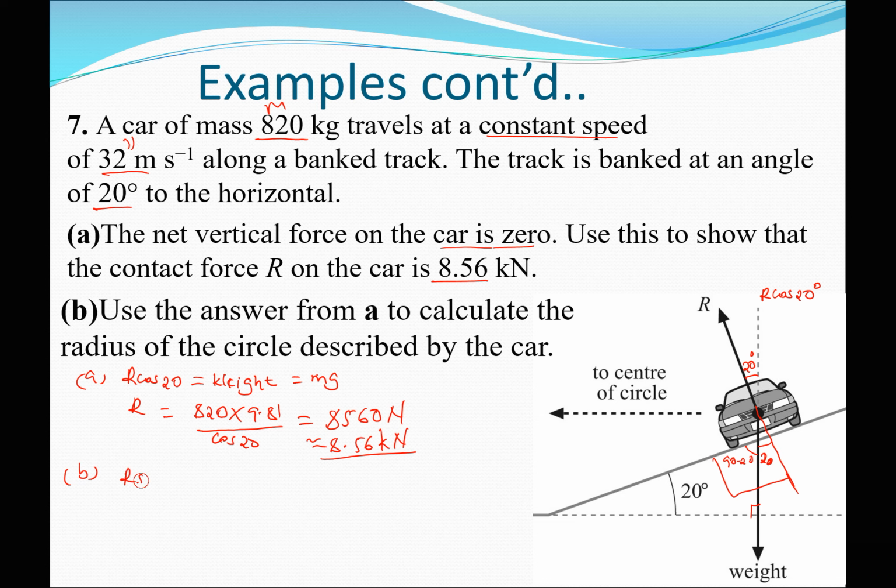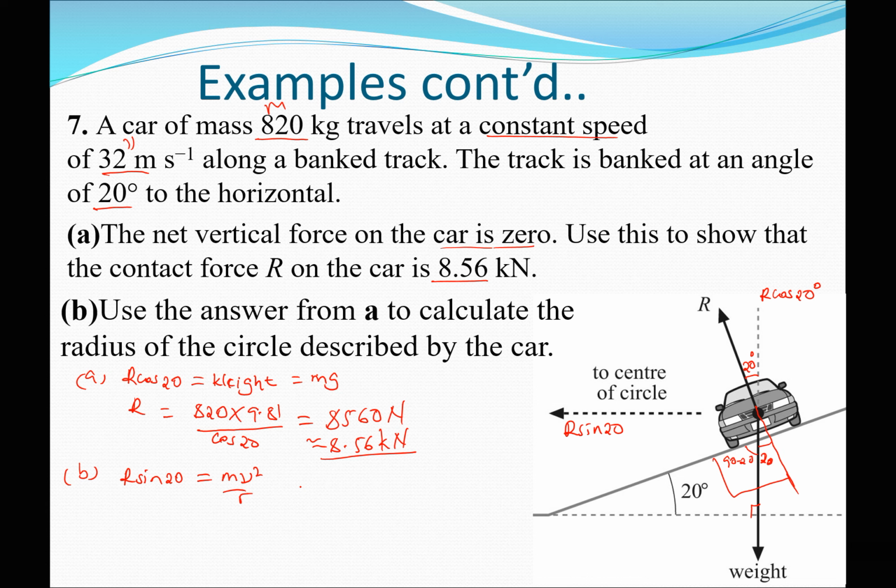The component of R in the horizontal is going to be R sine of 20. R sine of 20 is going to be equal to the centripetal force, which is mv squared divided by r.